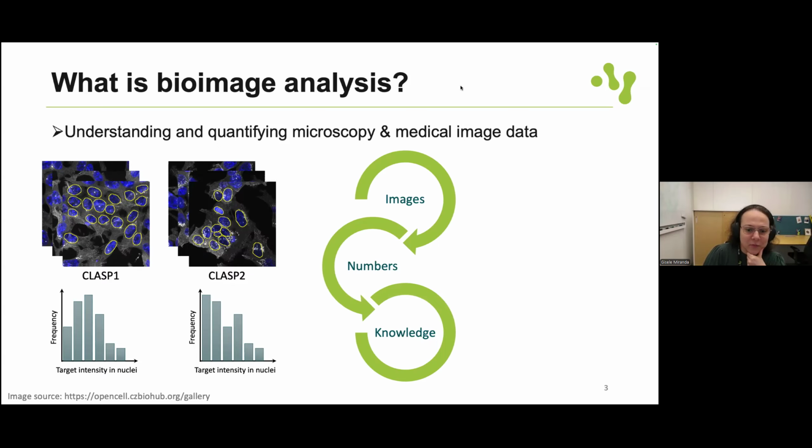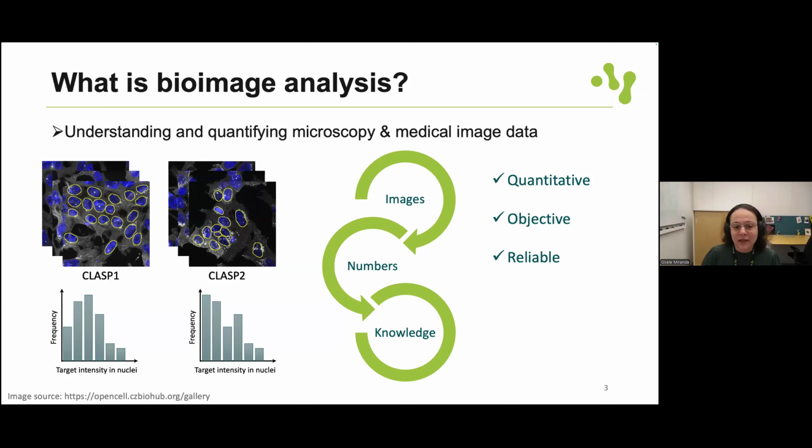And so this process means that we are going from the image data, extracting some numbers, and finally deriving some knowledge from these images, right? And this is a quantitative process. So we want to arrive at some measurements. We want to make it quantitative. It's an objective process because we have a goal, right? So here I talked about quantifying proteins in the nuclei.